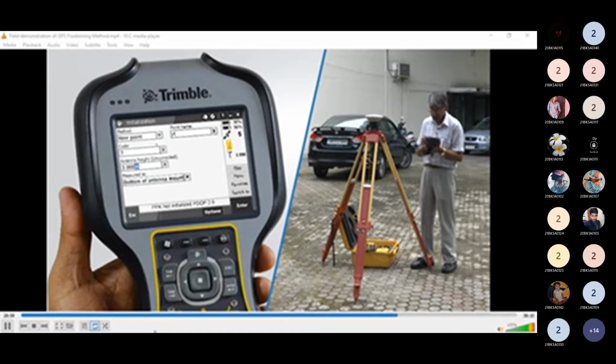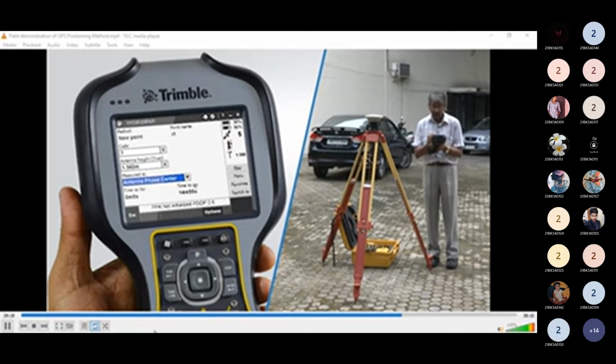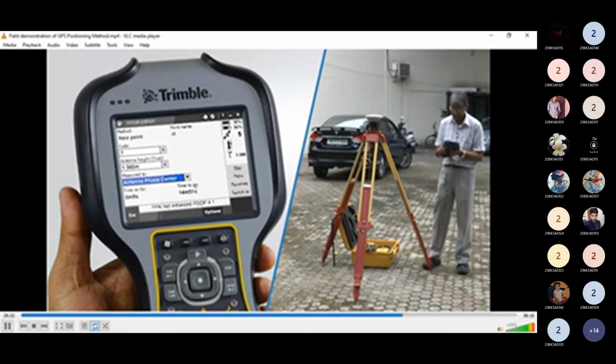And the antenna height. It will require 15 minutes to initialize the process.